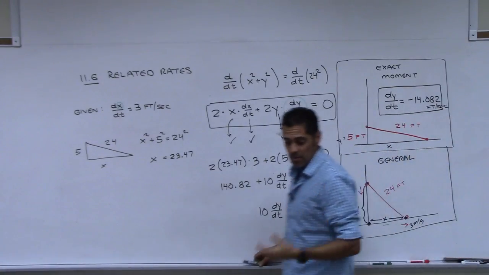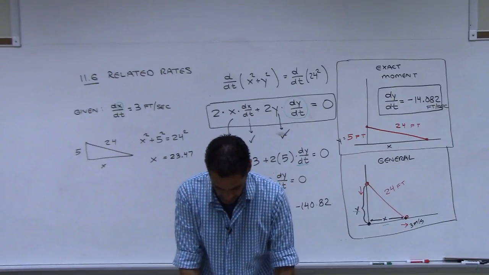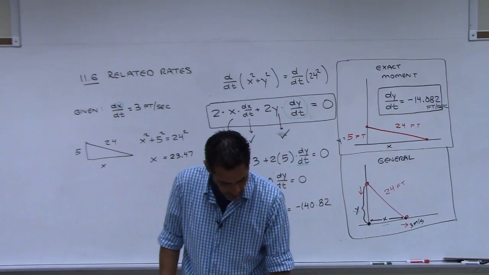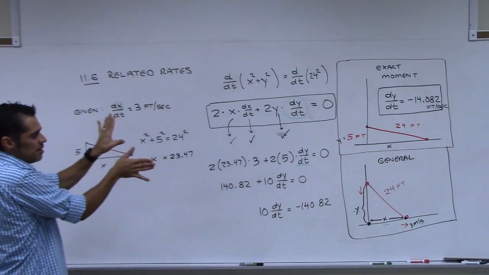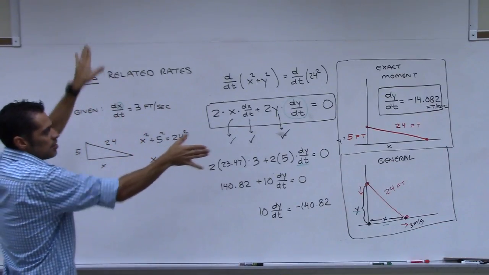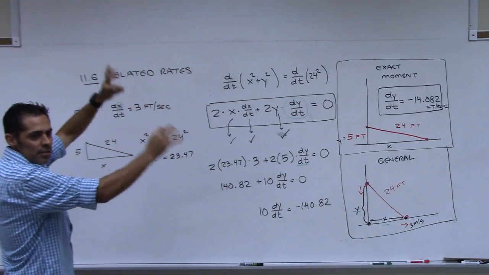We obviously need to do some more problems, right? Like, you can't just do one and be comfortable. We're going to do problems like, let's say you have two planes flying away from one another like this. You can start talking about how fast the distance between them is changing.